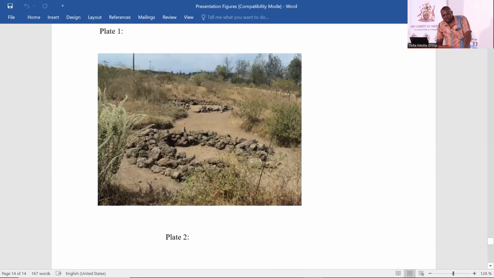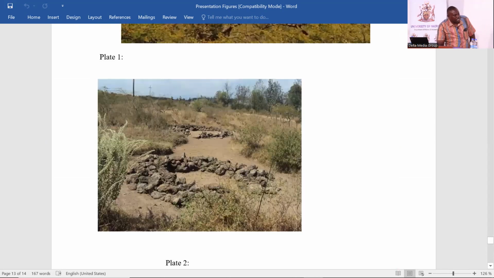This is what we call the occupational floors. And the study that I did a few years back was interested especially in the usage of space in this specific site.